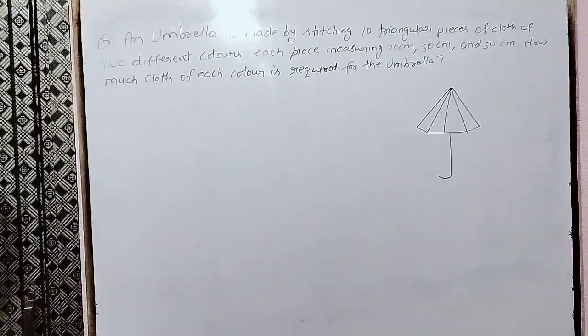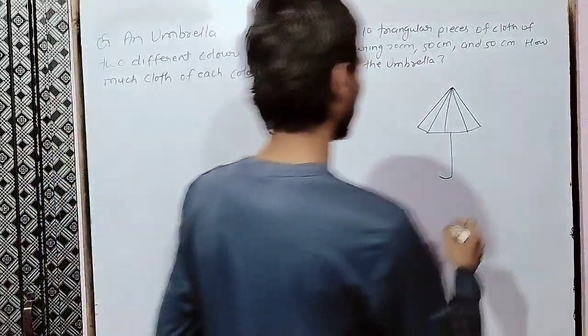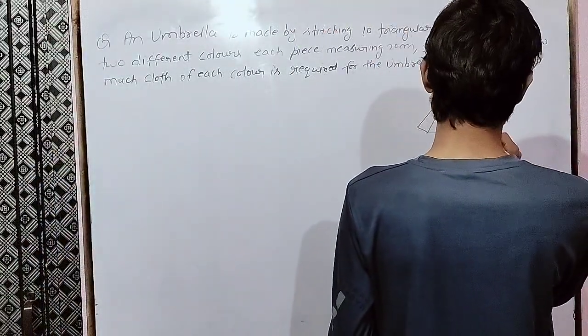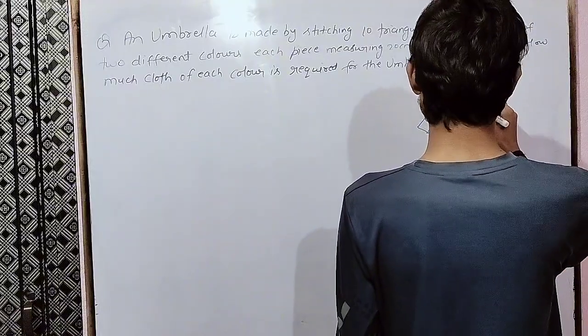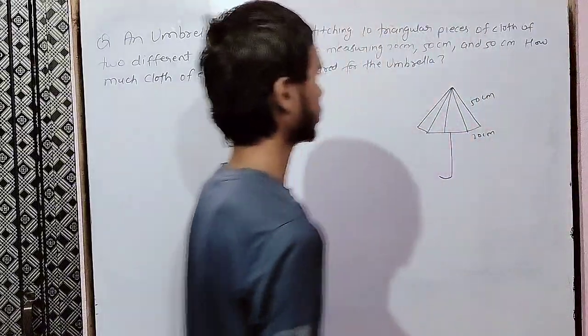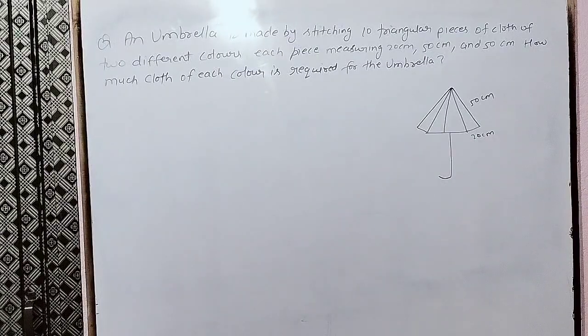In this umbrella, we have 10 triangles. So this is making 20. One side is 20 centimeters, and the measure of the second side is 50 centimeters. But we don't know the measure of the third side.